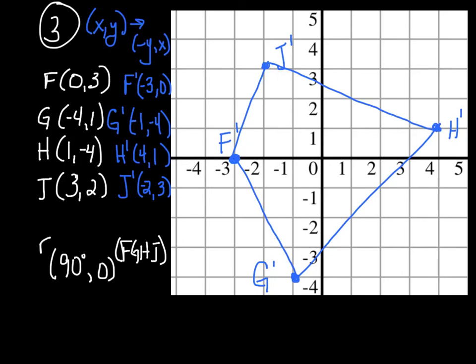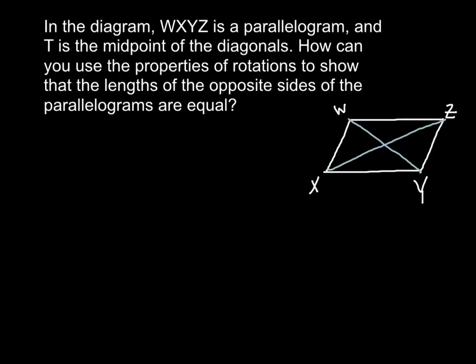Let's now look ahead at the last problem on page 518, where it says using properties of rotations. Here is the problem 3 on page 518. So you can just write this in the got it section. In the diagram, WXYZ is a parallelogram. And T is the midpoint of the diagonals.